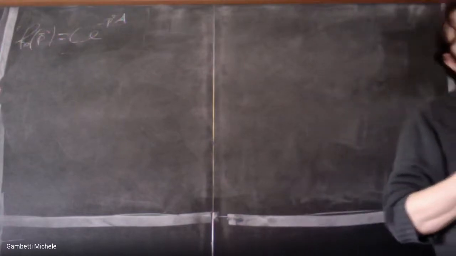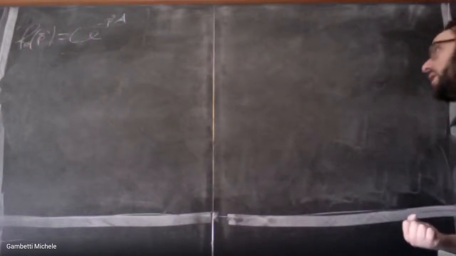The fact that it depends on p squared is basically due to the fact that we derived last time a scalar conservation equation, and we know that the scalar quantity that is conserved is the energy.